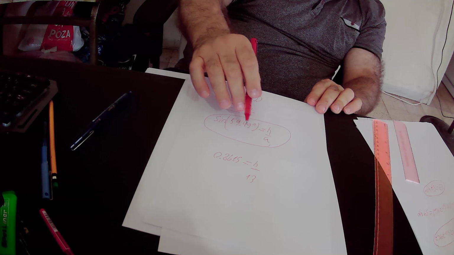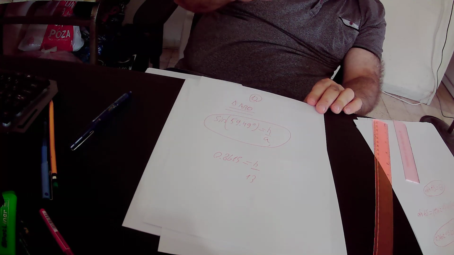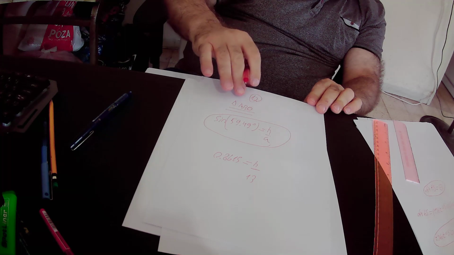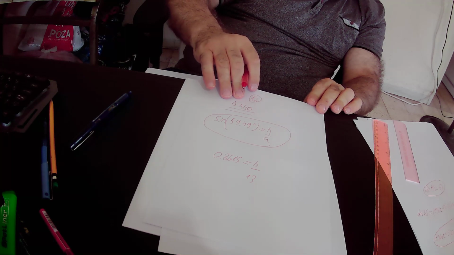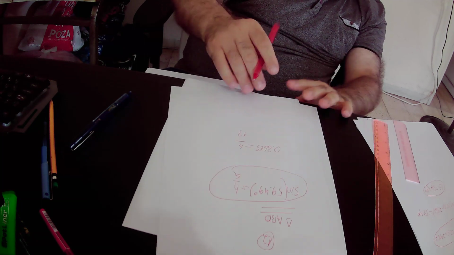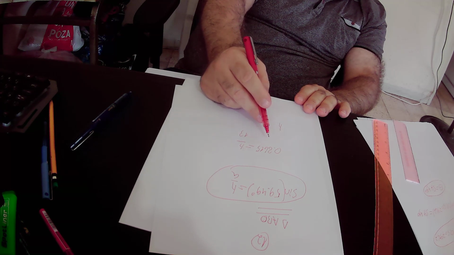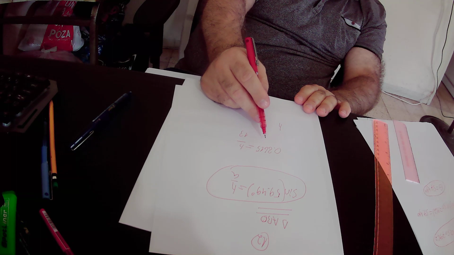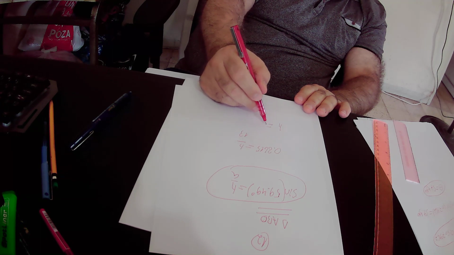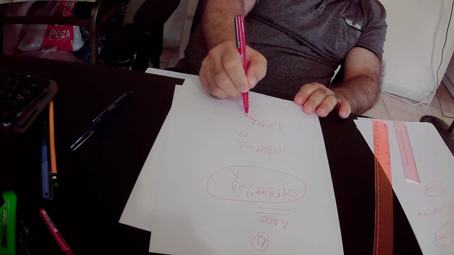Here we will multiply this equality by 13 in order to get the value of h, that is the height of triangle ABC when the base is B. So h equals 13 times 0.8615, actually equals 11.2 units.